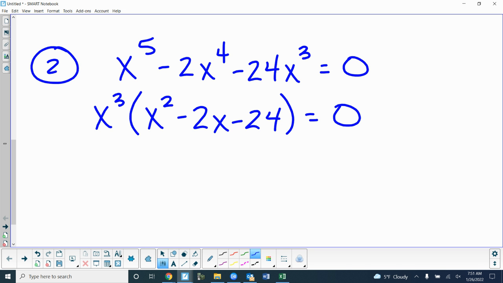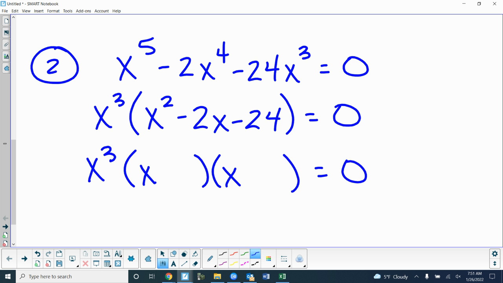And that's one of those trinomials that's easy because you just have a 1 in front. So there's only one way to get x squared, right? So I'm looking for factors of negative 24 that add up to negative 2, which is -6 and a +4, right? -6 times +4 is -24, and -6 plus 4 is -2, right?